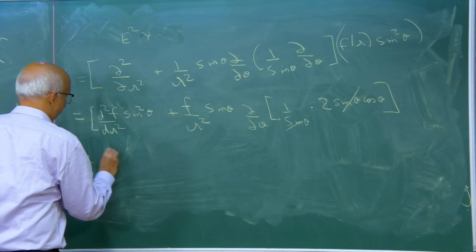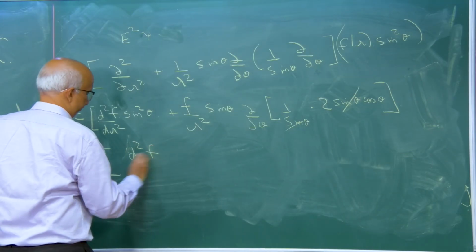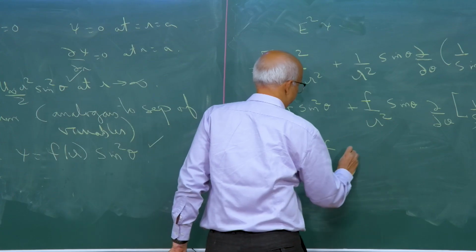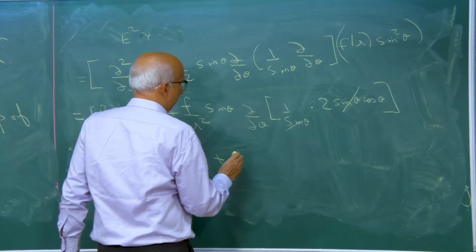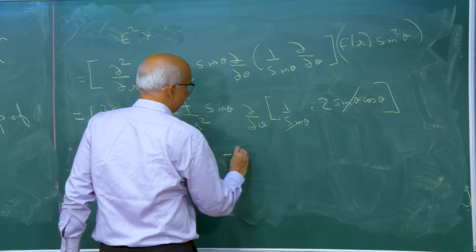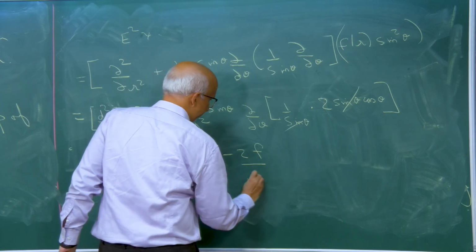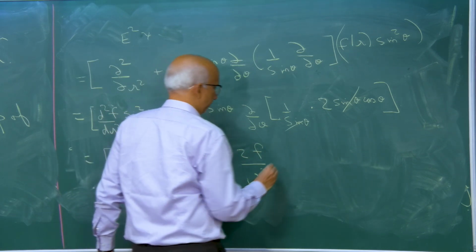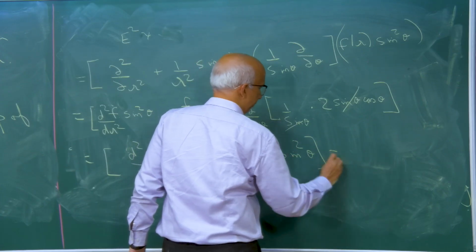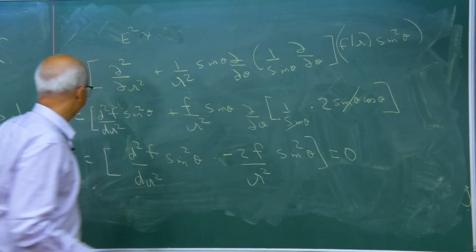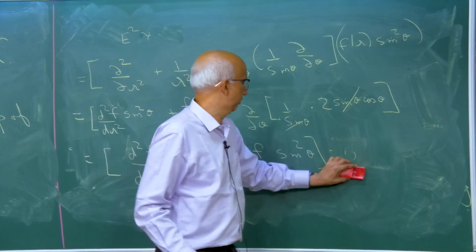I get minus 2f divided by r squared sin squared theta.